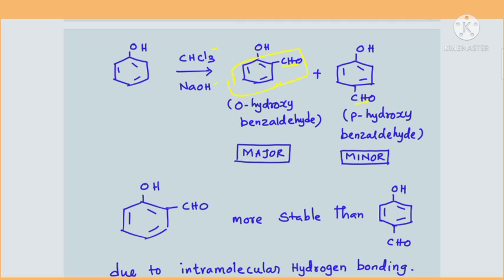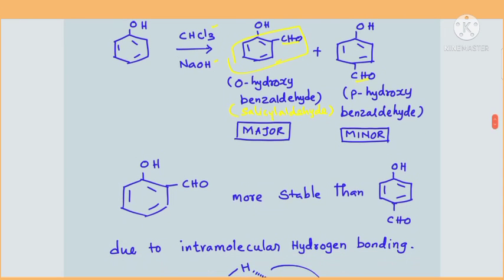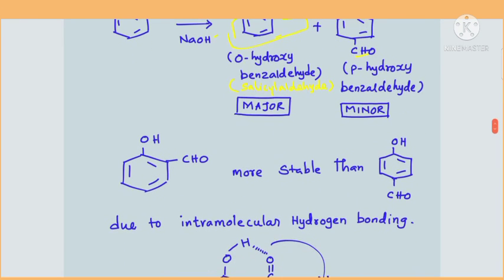And one more, the CHO can be introduced in the para position also, which can be called para-hydroxybenzaldehyde. Whereas orthohydroxybenzaldehyde is what we also call salicylaldehyde, isn't it? The point here is salicylaldehyde, that is orthohydroxybenzaldehyde, is formed as a major product and the para compound is formed as a minor product.